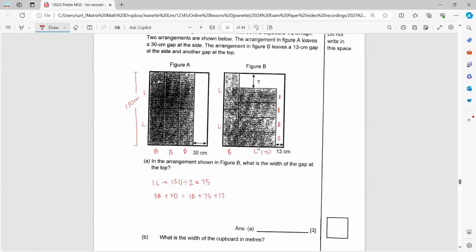Then we simplify, combine the 75 and 13, which is 88. So what I can do now is to remove 30 on both sides.